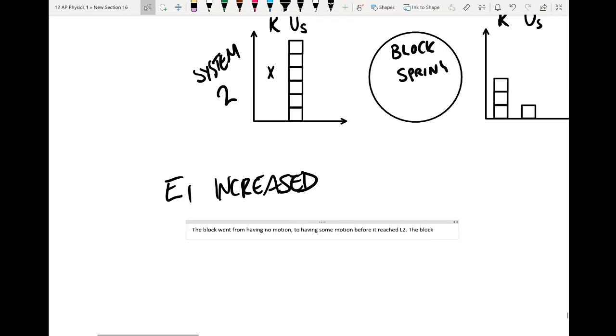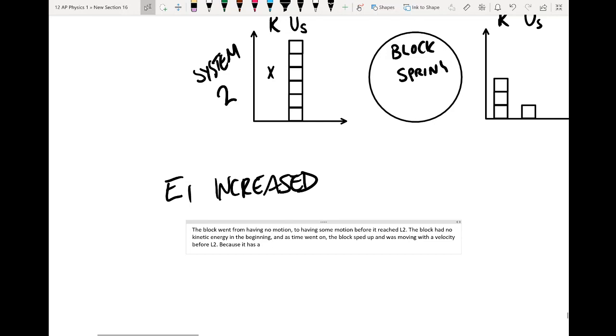In the beginning, the block had no kinetic energy, and as time went on, the block sped up and was moving with a velocity before L2.